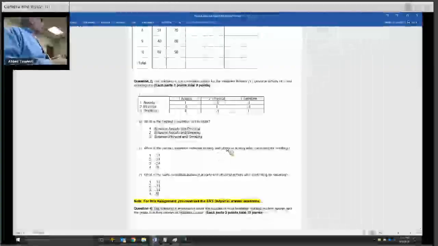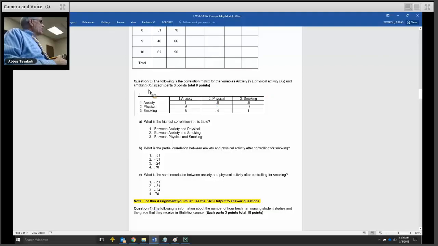Problem 3 is a situation where you want to look at the correlation and also control for a third variable, or more than one variable. Here anxiety is y, physical activity is the independent variable, and smoking is our controlling variable. Usually you see a matrix like this when you do correlation.